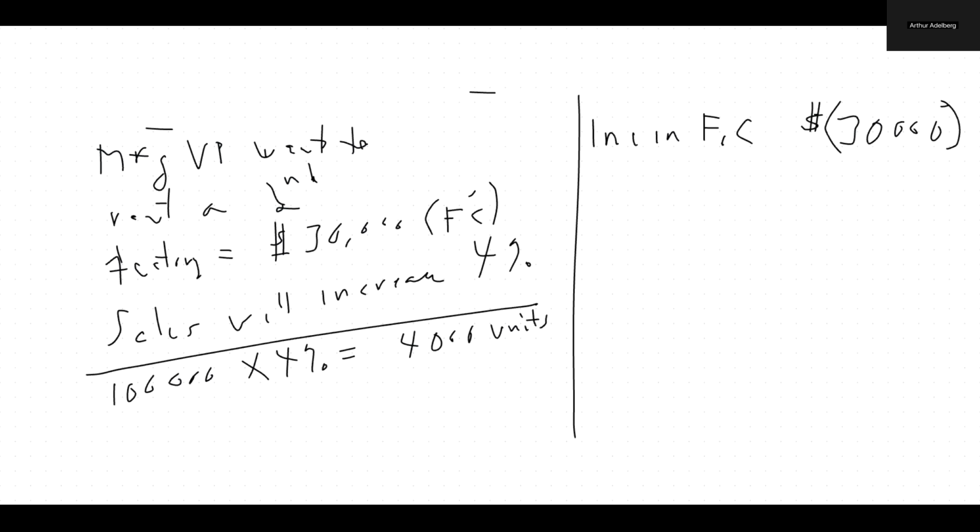Well, remember, the contribution margin per unit is $3. So every time we sell a unit, we get an extra $3. So we're going to get $12,000 of additional contribution margin. So increase in contribution margin, which means the net income is going to go up. And I'll explain that in 1 second.